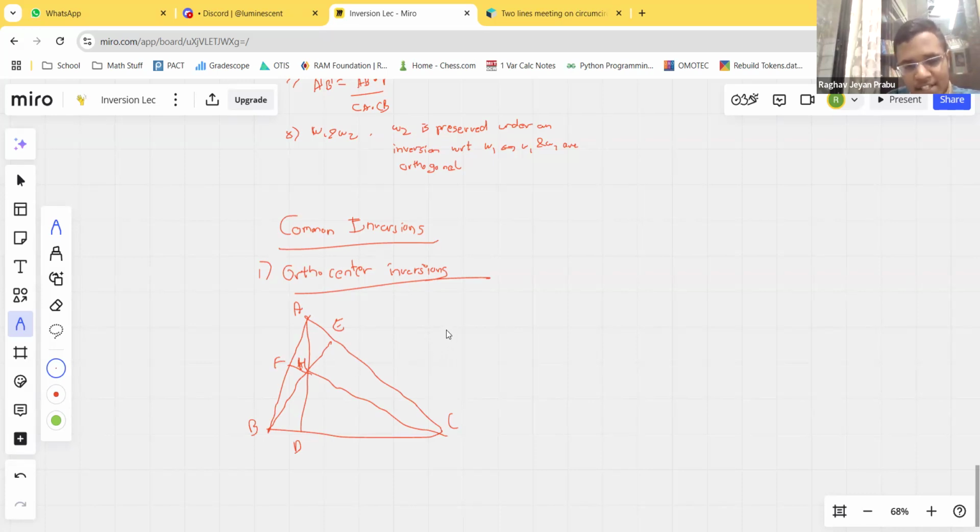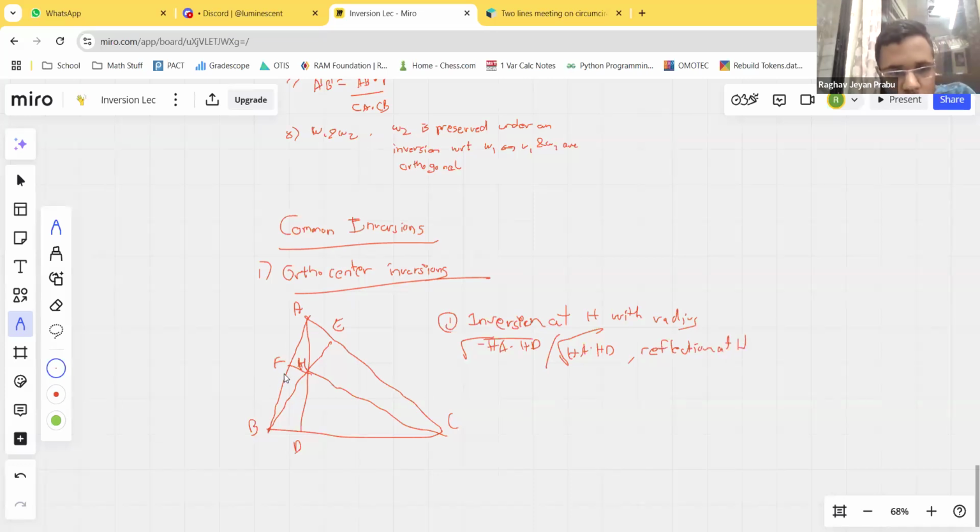One is an inversion at H with radius minus root of minus HA times HD. Now this feels a bit weird, but essentially you can think of this as inverting with radius root of HA times HD, and then a reflection at H.